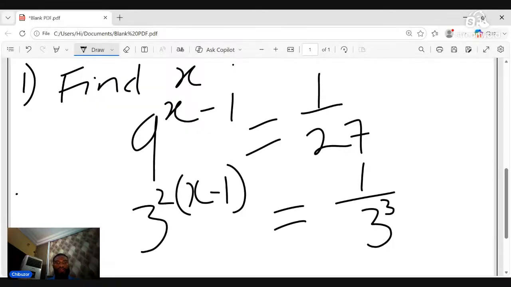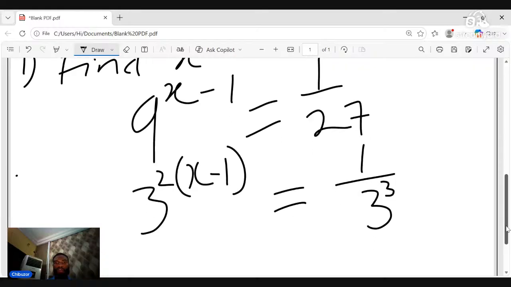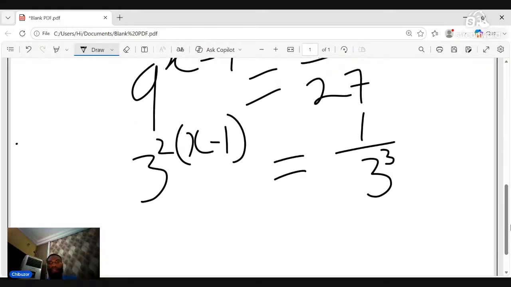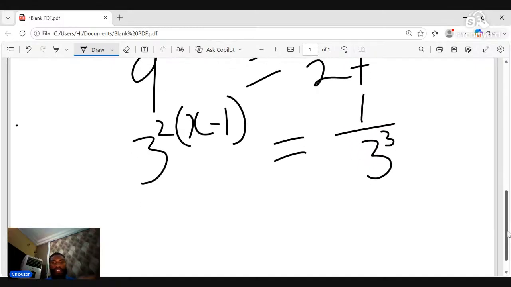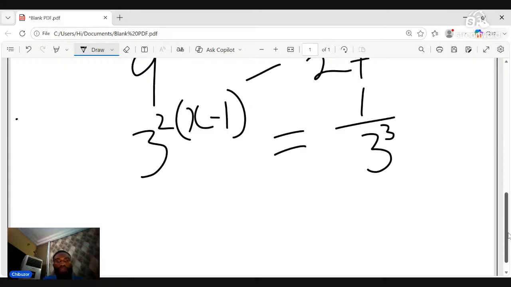Okay, so progress. Now that we've gotten the power base of 9 and 27, we can now apply the laws of indices to both sides. If you're applying the law of indices to this one, that will be 3 raised to power 2. You open the bracket, 2x minus 2.